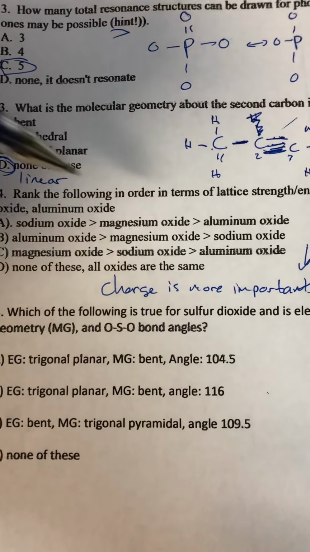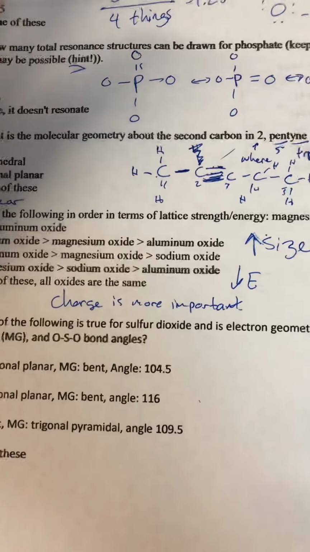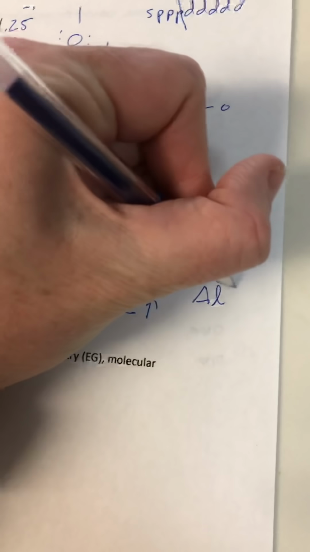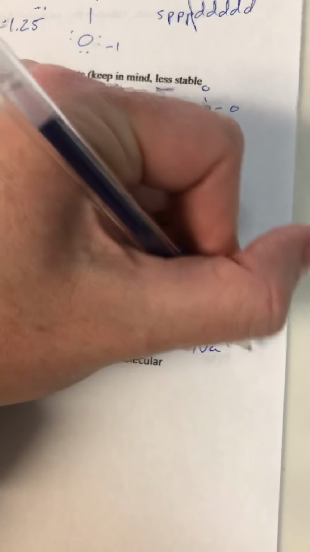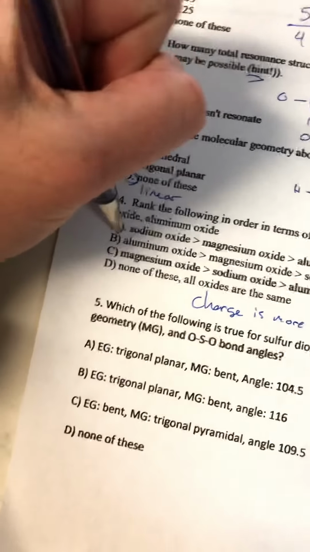But sodium is a +1, magnesium is a +2, and aluminum is a +3. So again, as charge increases, the energy must increase. So here we have aluminum, magnesium, and sodium, and the energy must increase as the charge increases. So the only potential answer is B.